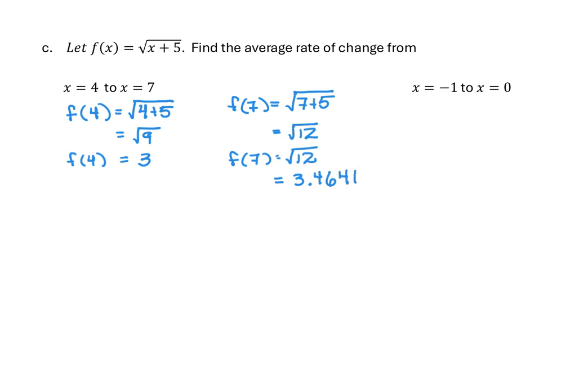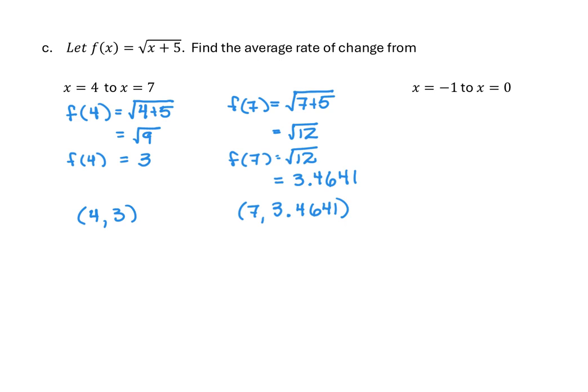I'm going to go out to 4 just to be on the safe side. All right, so we have our 2 points. We have 4 comma 3, and we have 7 comma 3.4641. If it asks for an exact value, then you do want to leave it as square root of 12.